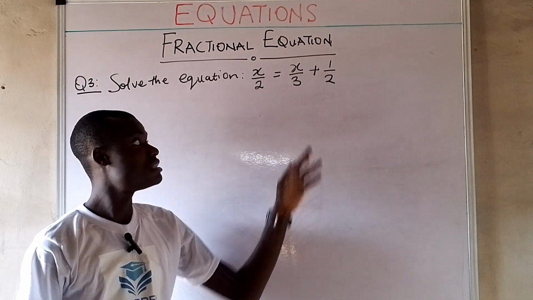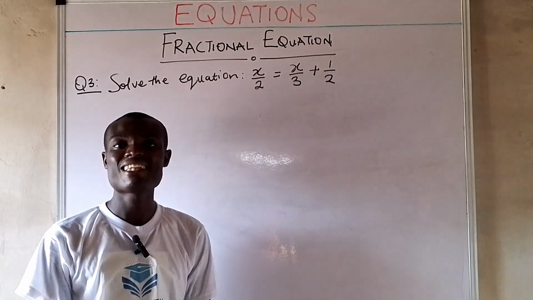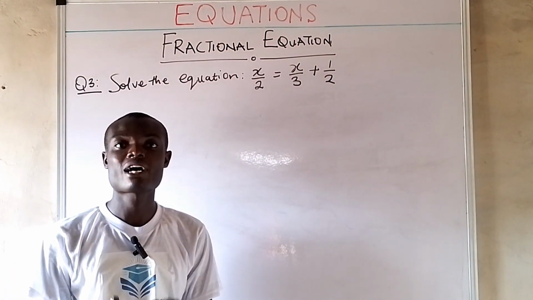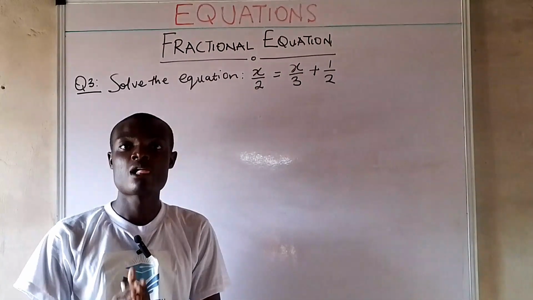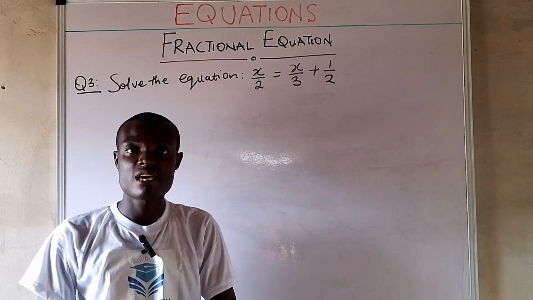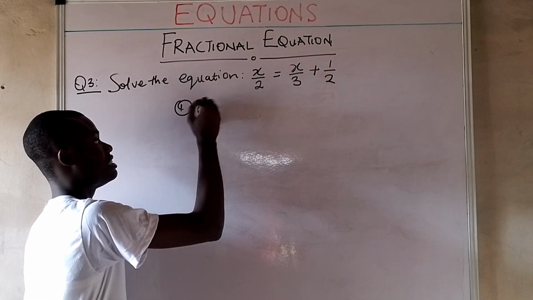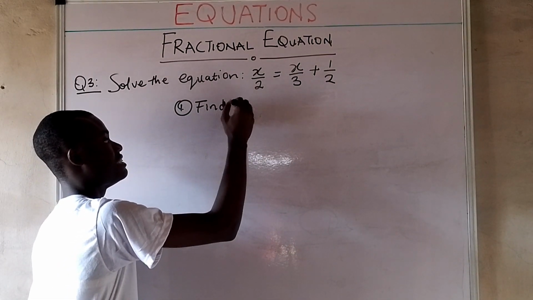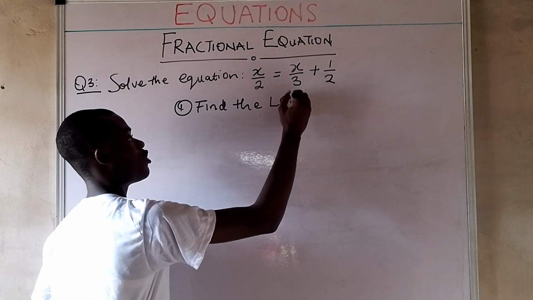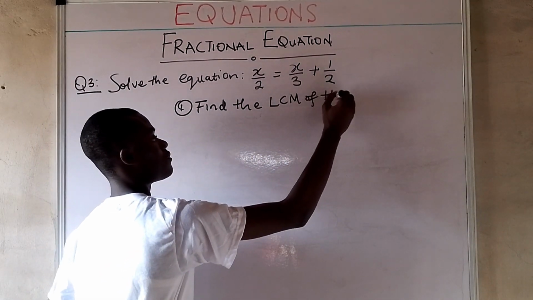So when we have several denominators, we have to find a common denominator. I can get that common denominator by finding the LCM. So the first thing we have to do is to find the LCM of the denominators.